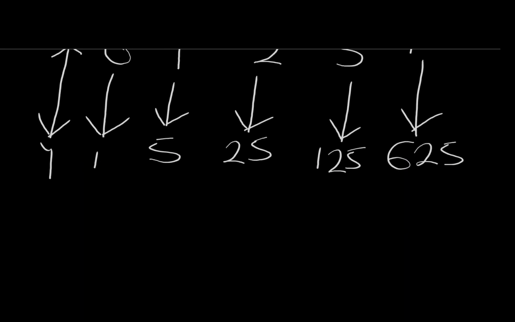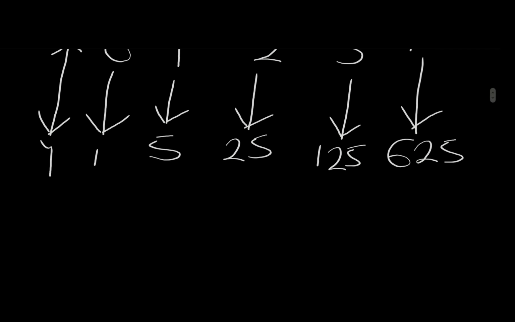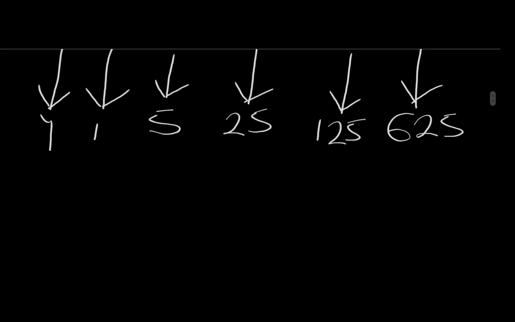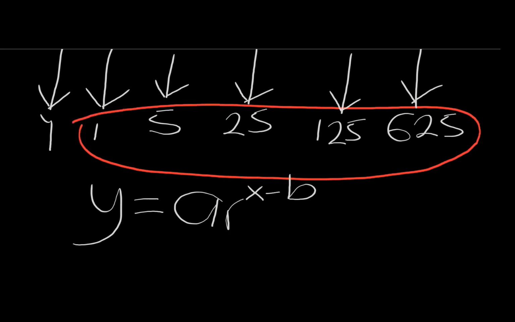So as soon as we have established that the mapping is an exponential mapping, then we know that all exponential mappings follow this rule: y is equal to a r exponent x minus b, and r here represents the common ratio in the codomain.